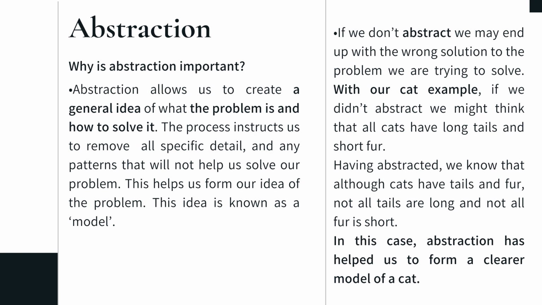Alright, so if we don't abstract, we may end up with the wrong solution because so many specifics might lead us the wrong way or to the wrong solution. Let's go back to our cat example. If we didn't abstract, we might think that all cats have, for example, long hair, or all cats have the same eye color. Having abstracted, we know that although cats have tails and fur, not all tails are long and not all fur is short.